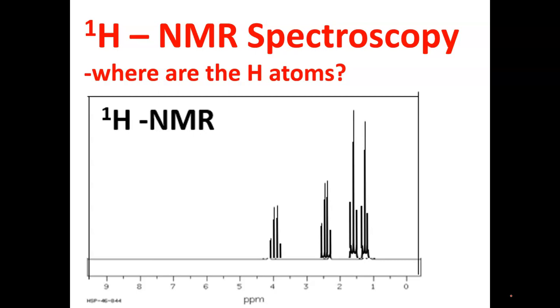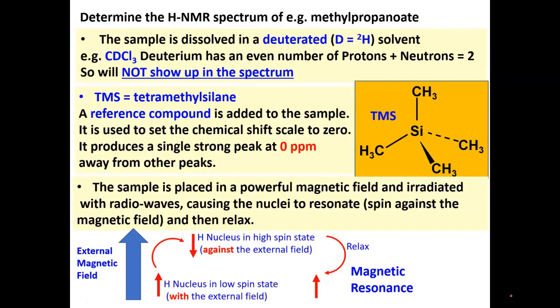Now, in explanation of the more complicated pattern that we're going to deal with, let's try and get much more simple. Just to remind you, a proton NMR spectrum must be taken in a solvent that does not contain any hydrogen-1, because of course that would give its own signal.